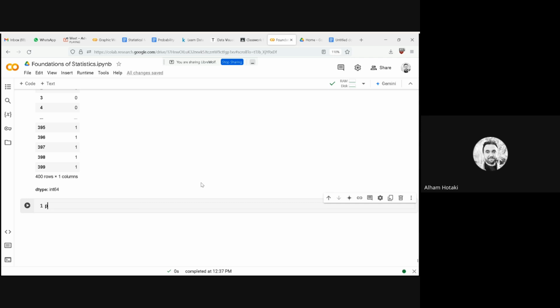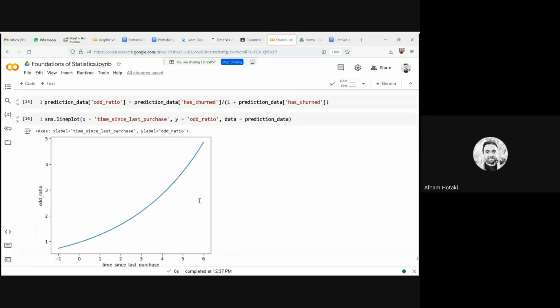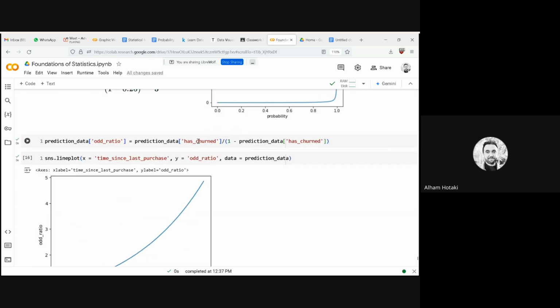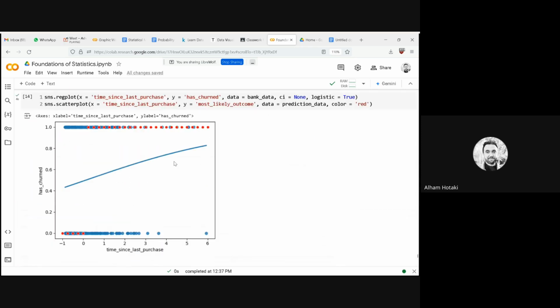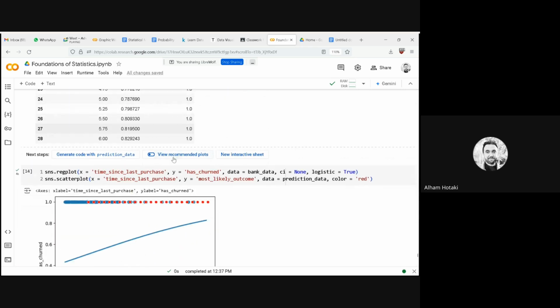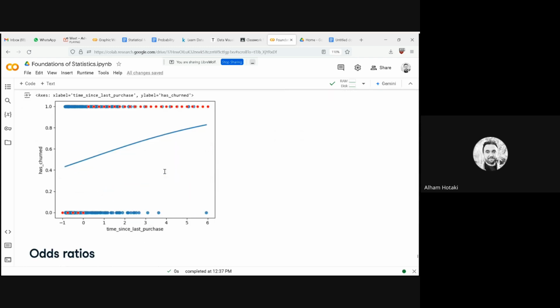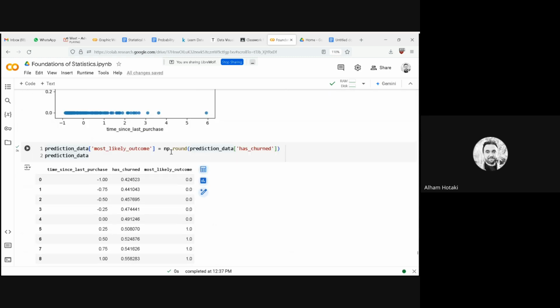So the predicted responses is actually the prediction data that we had, but not this one, this one, the round off one.